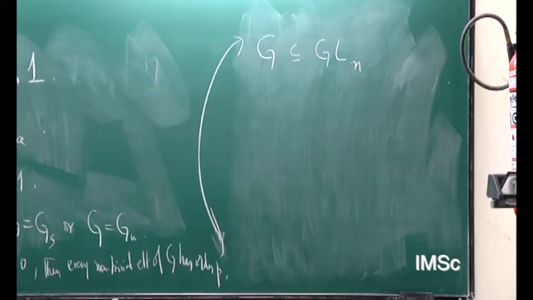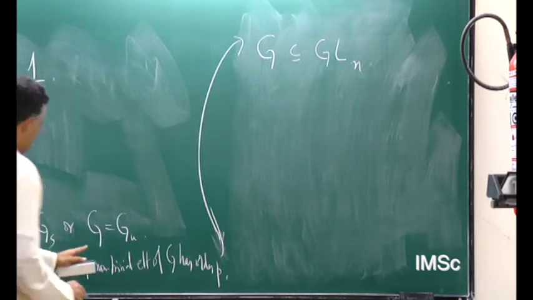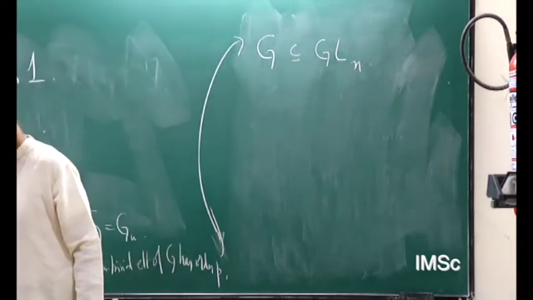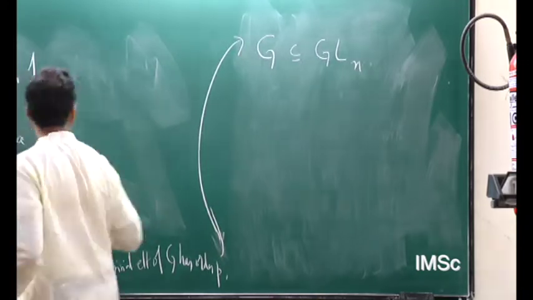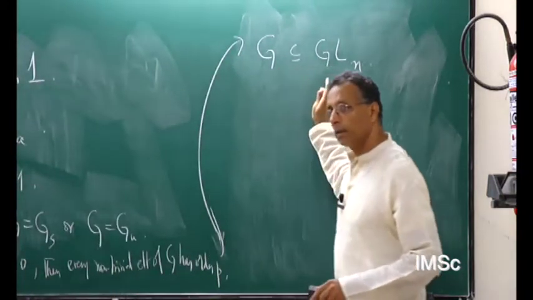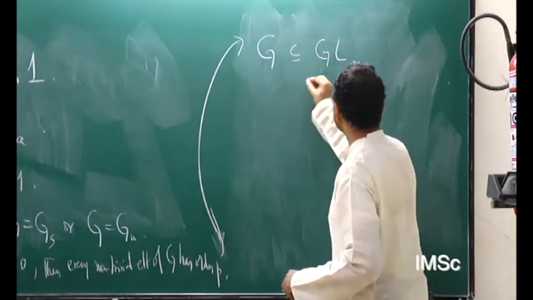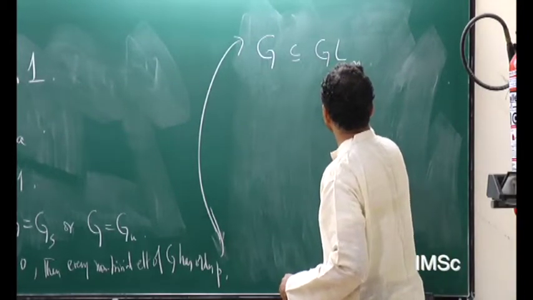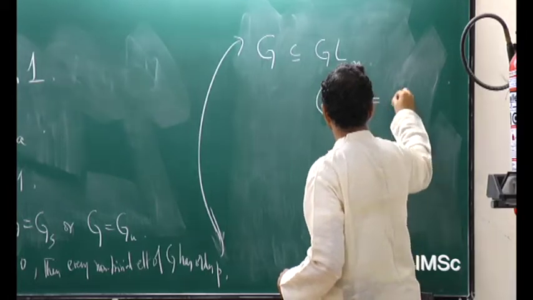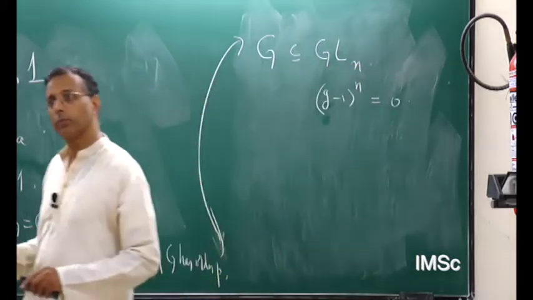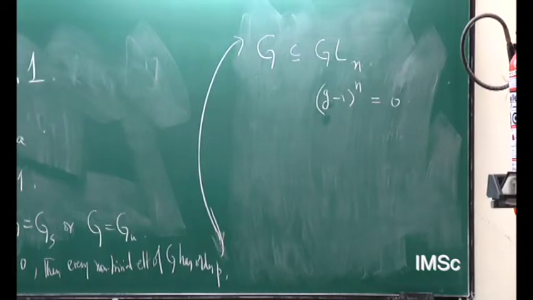Now it is unipotent, right? So the images are unipotent here, which means I can write (G minus 1) to the n equals 0. Correct?